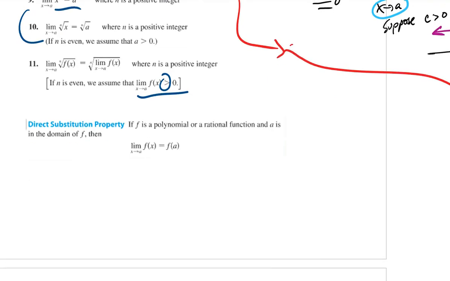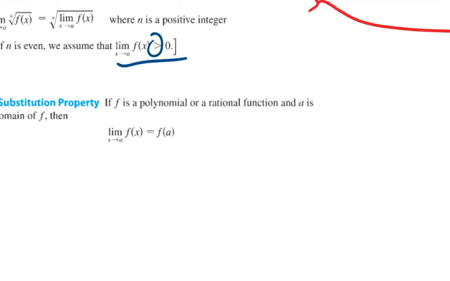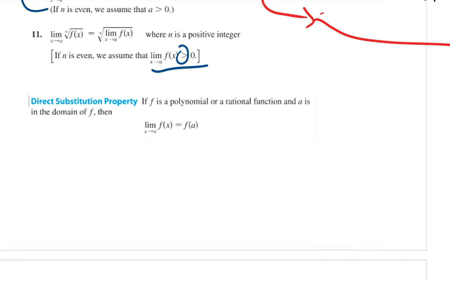All right. So here's a great thing. The direct substitution property. It says if f is a polynomial or a rational function, and a is in the domain of f. So in other words, if you plug a into f, it makes sense. It gives you a number back. Then you can just plug in a.